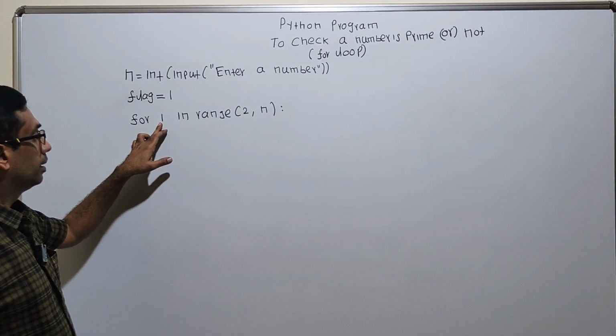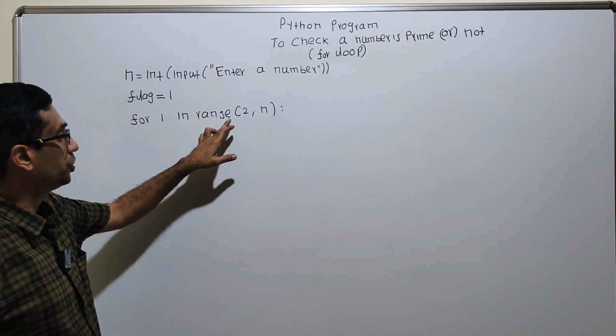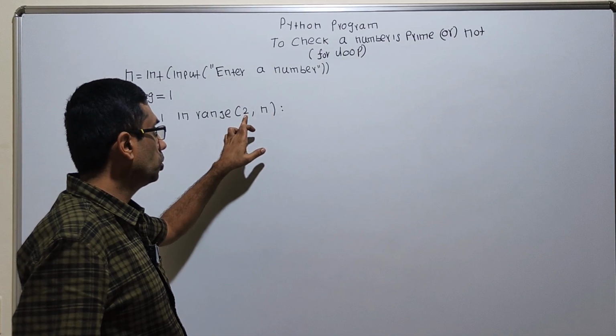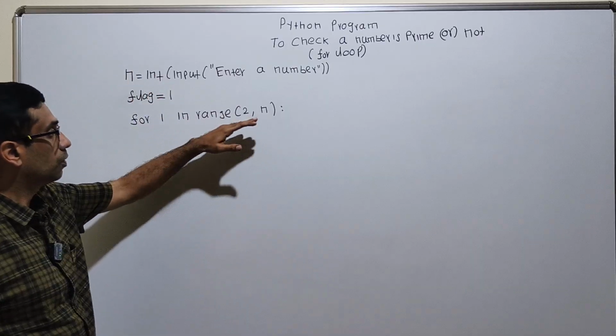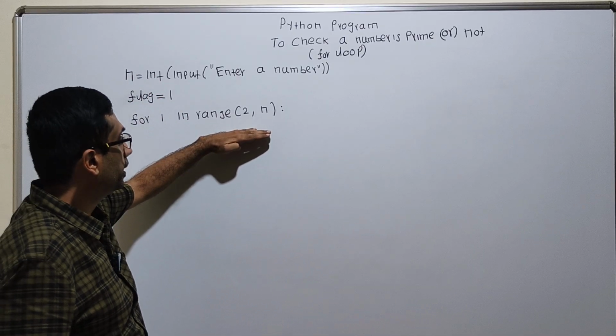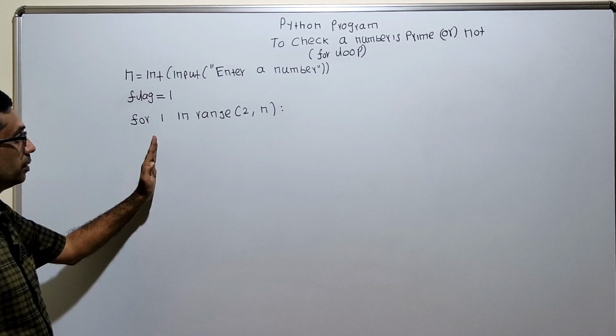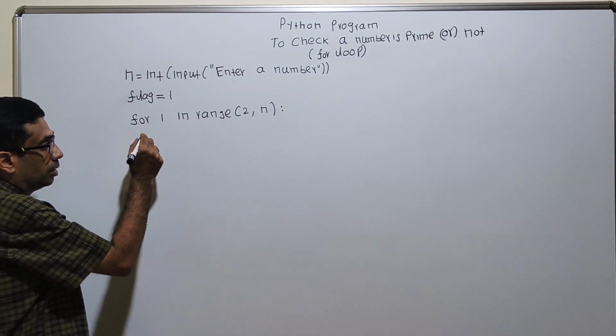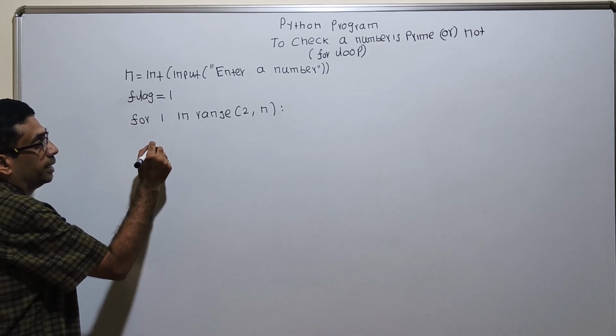Here the range function will generate a list from 2 to n minus 1. So the loop will execute from 2 to n minus 1. Within the loop, I am going to write the logic to check the prime number. To write the statement inside the for loop, you have to give an indentation.